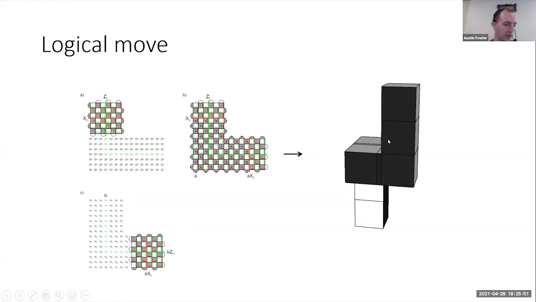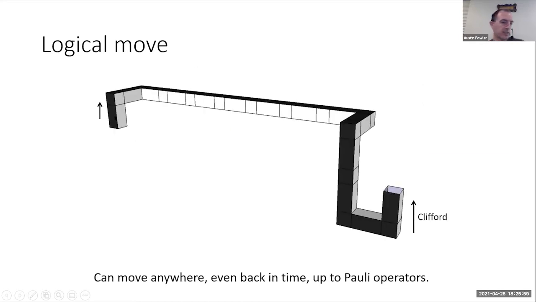So once you get comfortable with that, you stop worrying about these details and just start drawing diagrams like this. And then things get a lot more fun because we can draw things like this. So here is an example of a logical move. And, you know, at the abstract level, software level, whatever level you wish, we forget about all the details of initializing individual qubits and measuring them out and just draw lines. And you'll notice I've deliberately drawn this line such that it curves back in time.